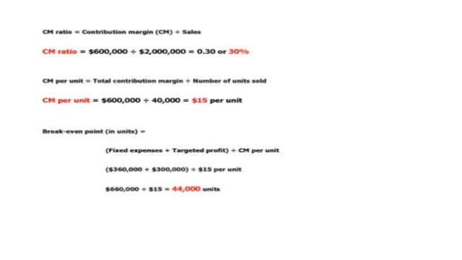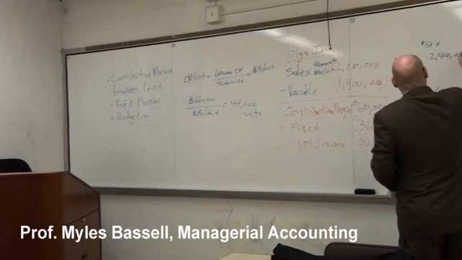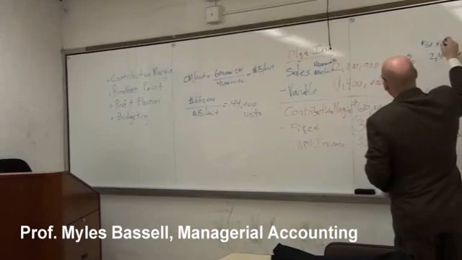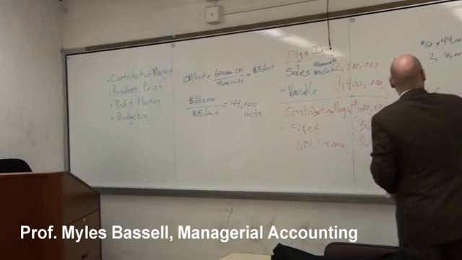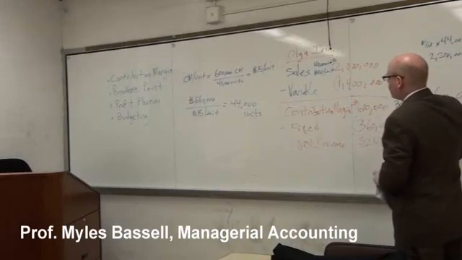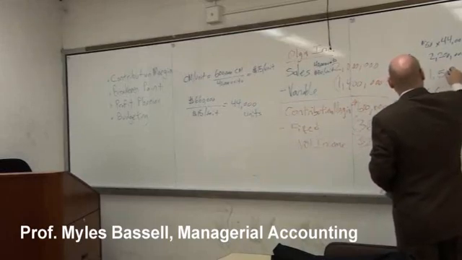Well, we divide 2 million by 40,000 units, which is $50, and then multiply it by 44,000 units, and it gives us 2,200,000. And our variable expenses are 1,540,000.